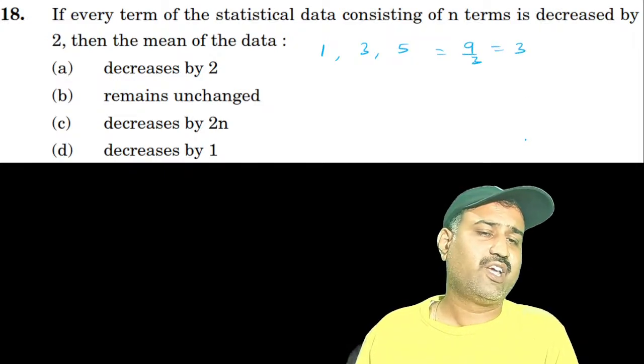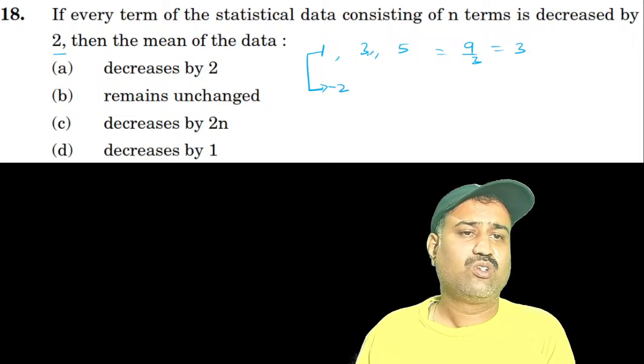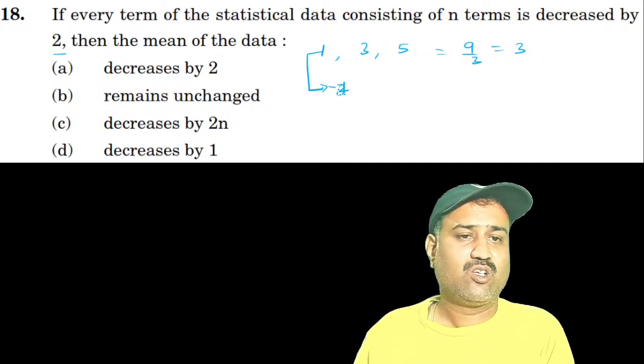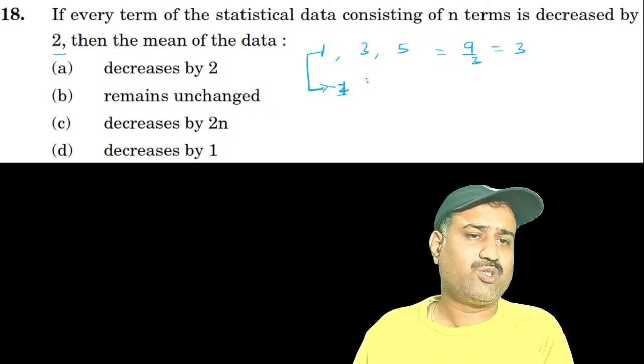The mean is 3 here. If I decrease each value by 2, 1 minus 2 is minus 1. 3 minus 2 is 1. 5 minus 2 is 3. Minus 1 plus 1 plus 3 is 3, divided by 3. The mean is what here? 1. Since there are 3 data, I have divided by 3 here.